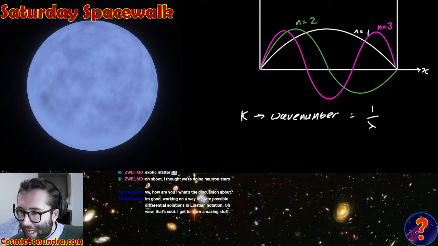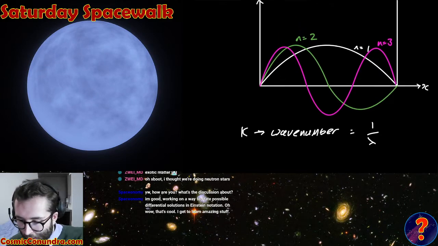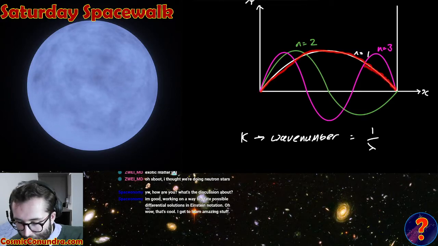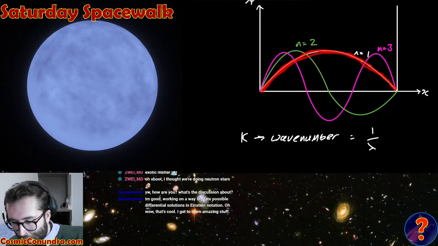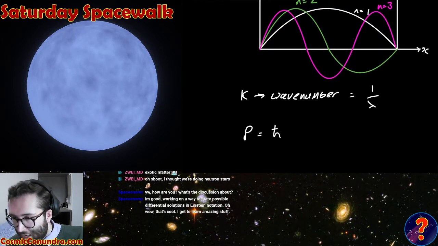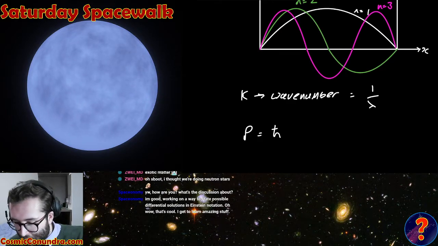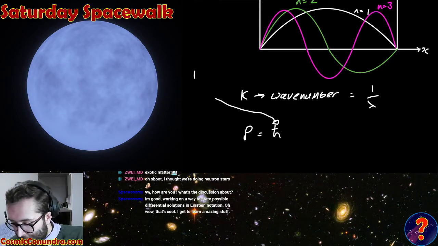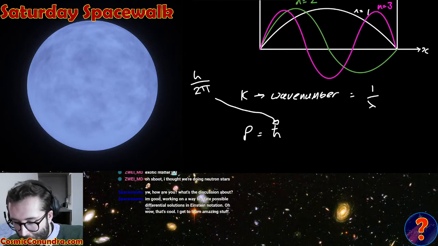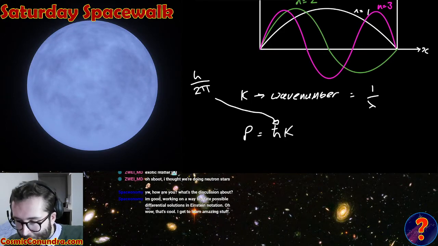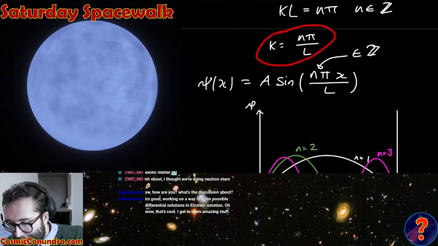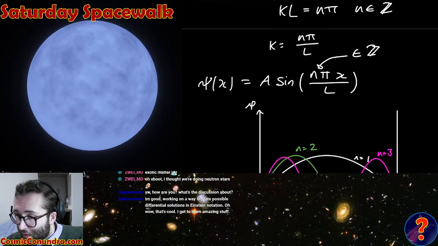And we can relate this to the momentum of a wave, or in different terminology, the momentum of these wave functions is given by ħ, which is the reduced Planck's constant that I'll use throughout. This is just Planck's constant h divided by 2π, ħ times k. All right? And k, like I said earlier, is this integer number of multiples of π over L.